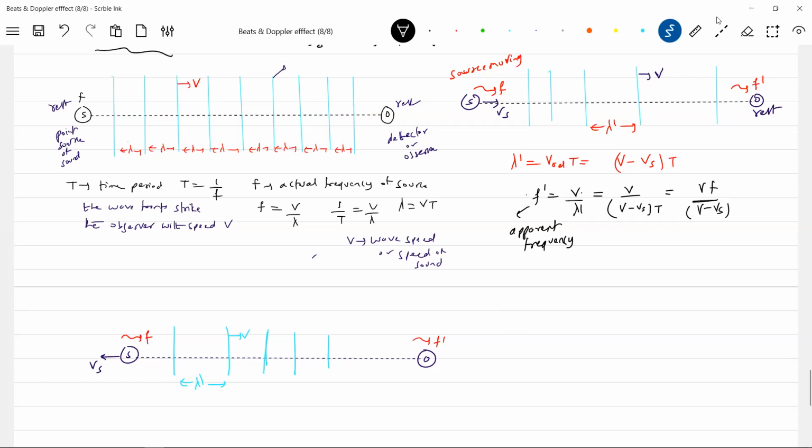Lambda dash is v relative into t. So this will be v. So what is f dash equal to? v by lambda dash. So look, what is f equal to? 1 by t. This is the apparent frequency, it will be received.